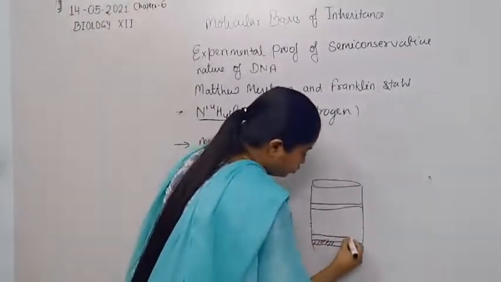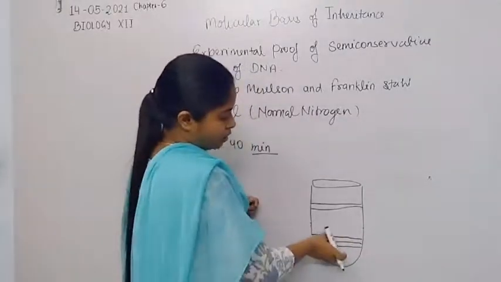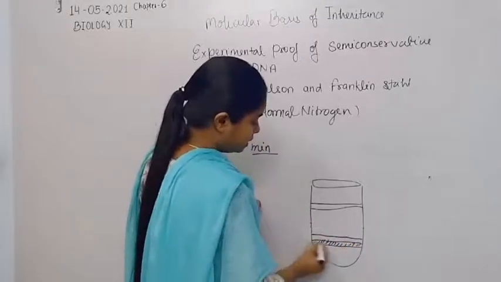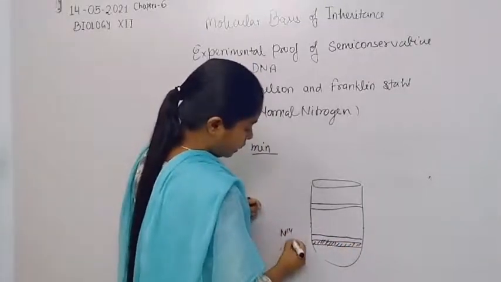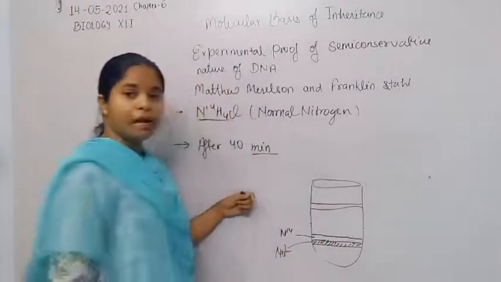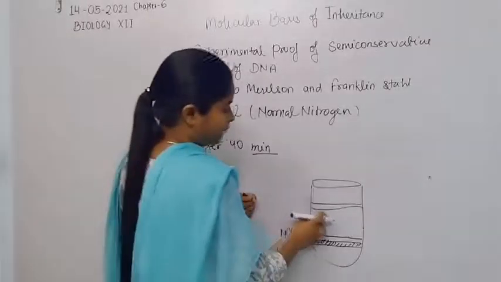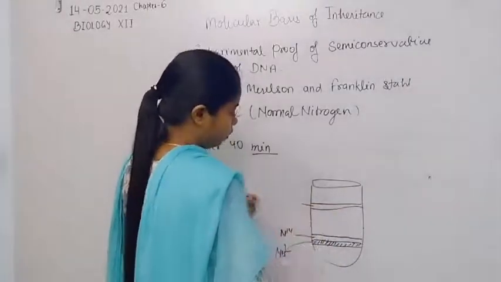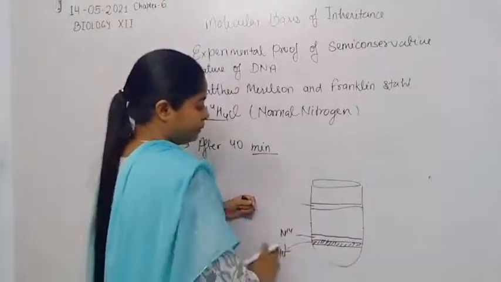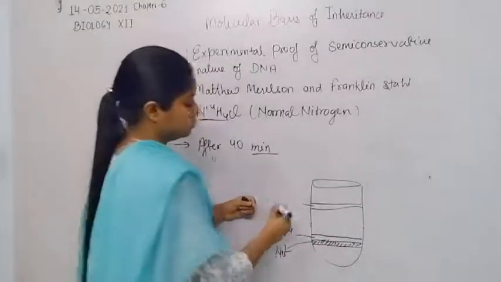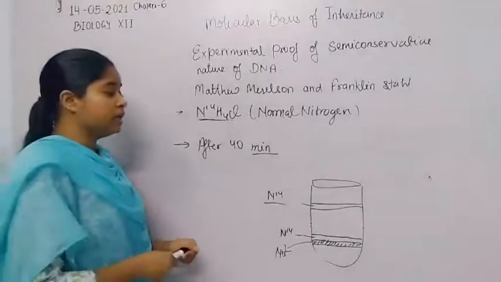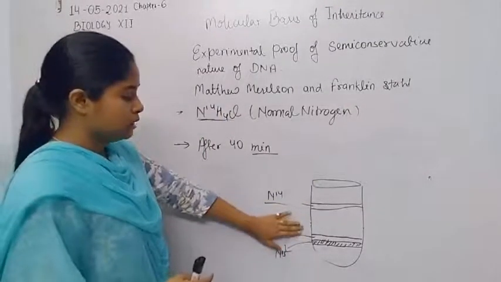They got two bands. The band near the bottom shows the hybrid, that means the band near the bottom is a hybrid of the two strands, N15 and N14, and the other strand is separated and present separately. Above that, the band shows only the N14 strand. So with the third experiment they obtained these two bands.